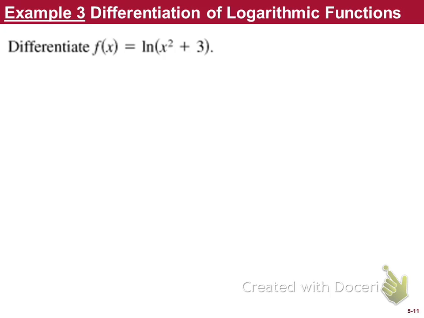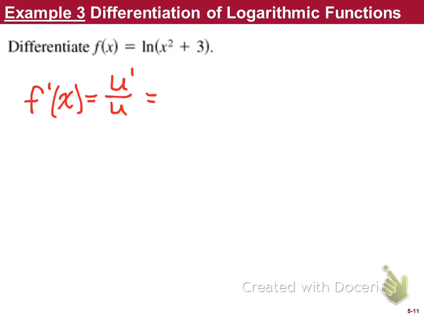All right. Again, we have an inside-outside function. Don't make it harder than what it is. Remember to find the derivative, what we want is the derivative of u over u.